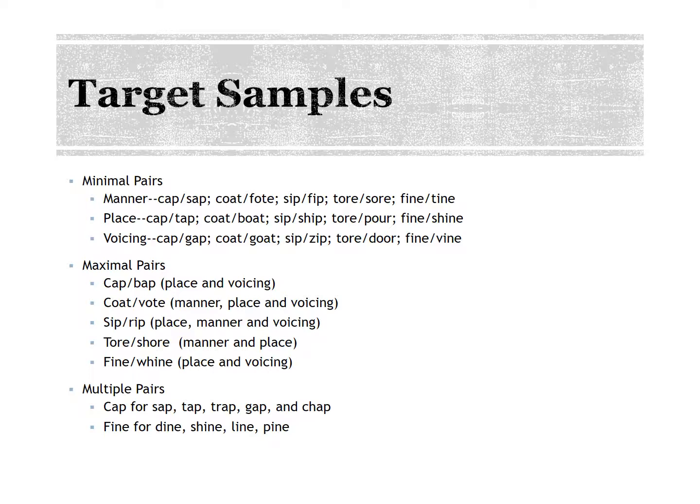Here are some examples of possible targets using minimal pairs versus maximal pairs and then multiple pairs. In an attempt to make this easier for you, I tried to be consistent with using the target word cap and then giving other possible target words rather than just giving you a variety of different ones. So read over those.